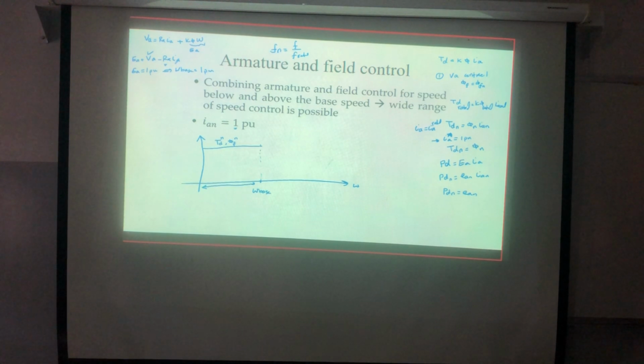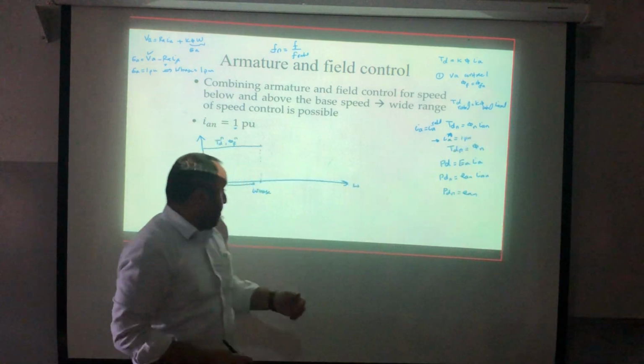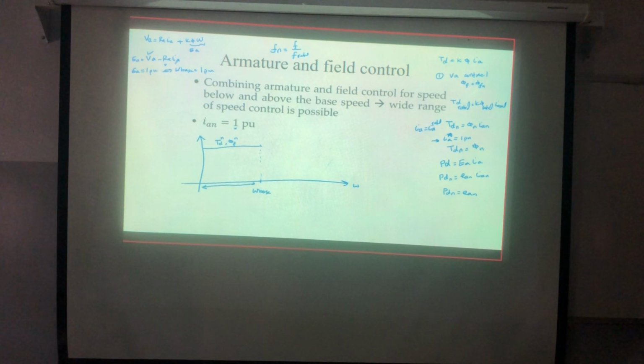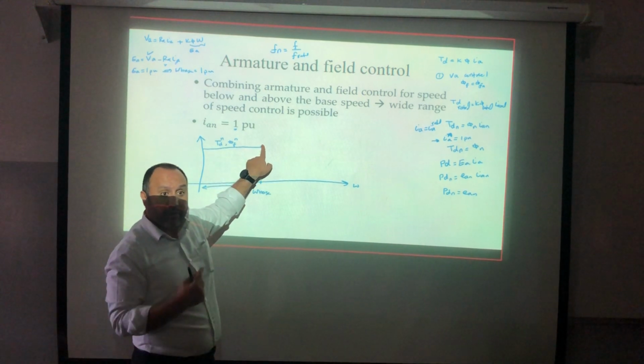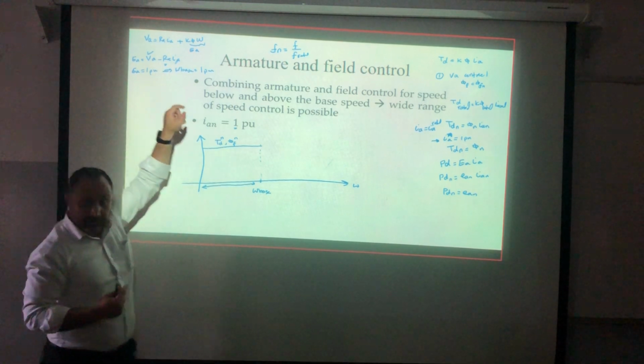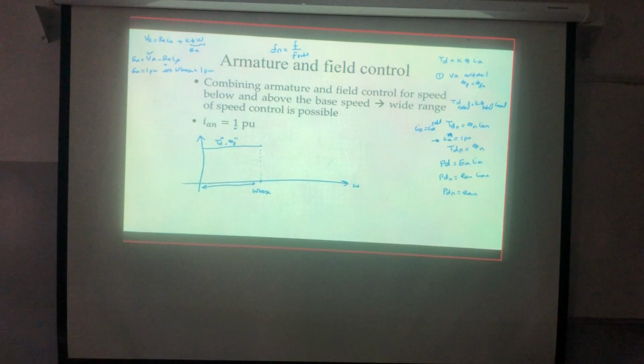Now, while I'm increasing the speed, will EA increase? The back EMF will increase until reaching 1 per unit. Why 1 per unit? Good, at the switching point. So this one will also be increased linearly. The flux is constant.